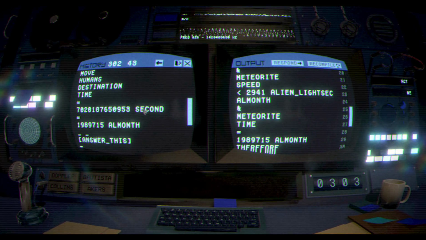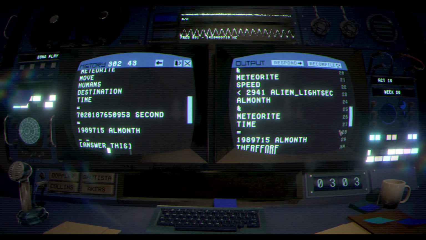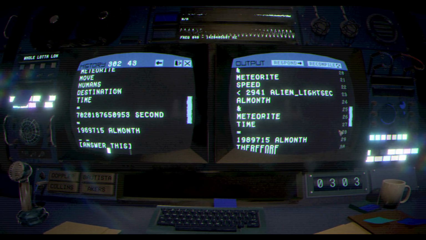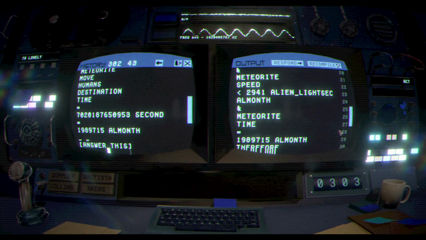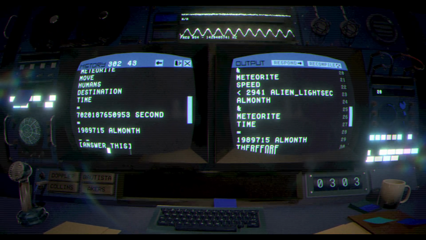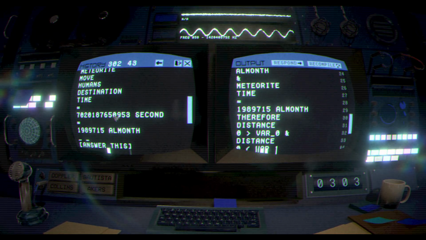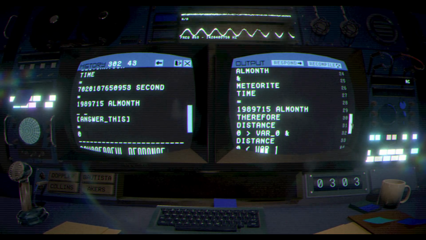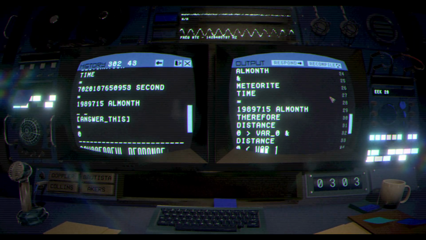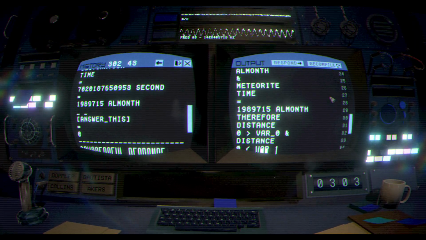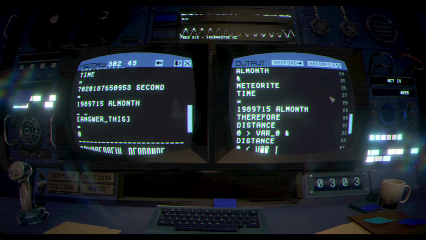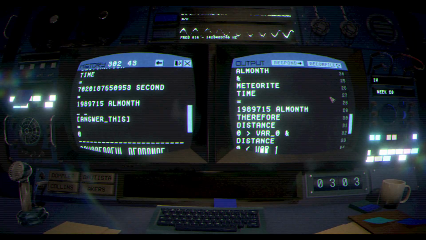Okay. But they gave us this conversion here. So they are telling us that the all month is equivalent to this many seconds, which is a lot of seconds. 7020187650953.